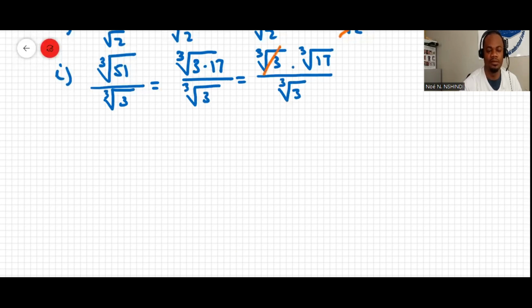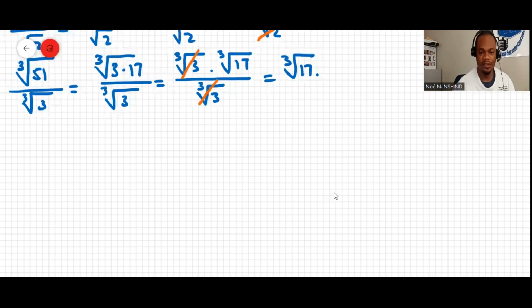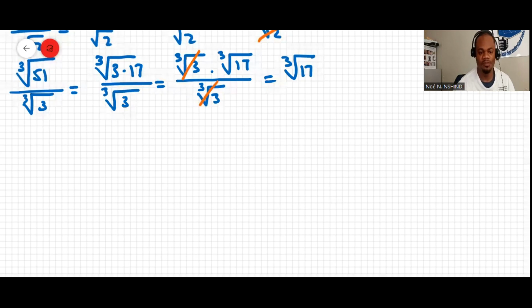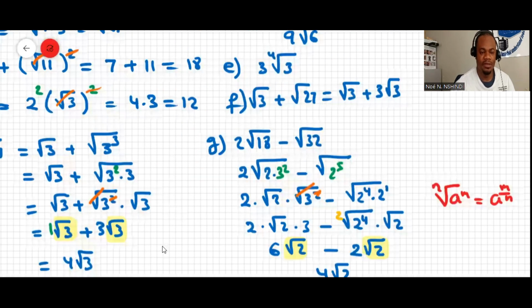Then we can simplify. Cube root of 17. We can say multiply by 1, but I don't need to, as long as we simplify that, it is the final answer. Now the next question will be J.